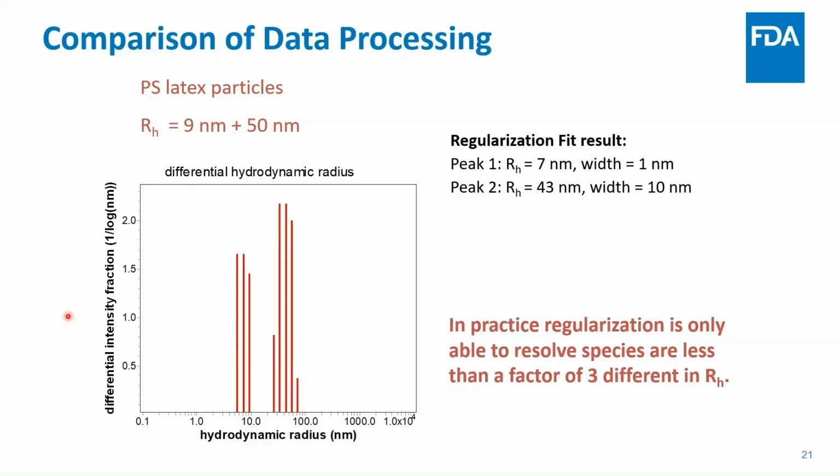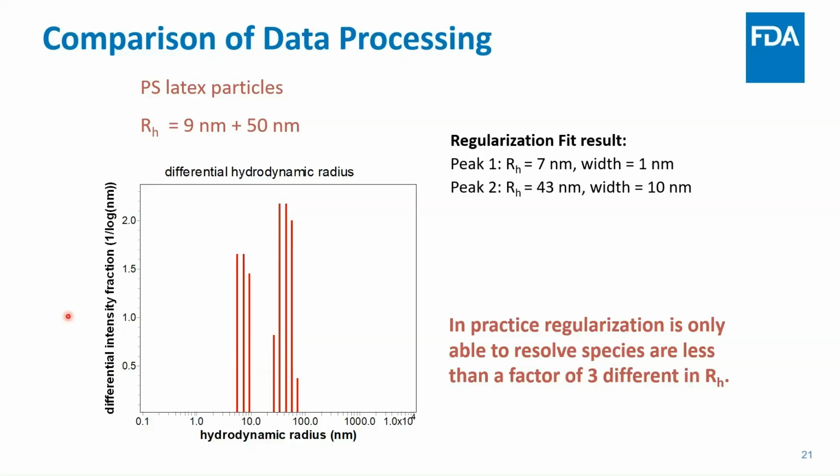In practice, DLS using the regularization can only differentiate particles that are greater than 3x different. So if you have a 20 and a 40 nanometer, it won't be able to differentiate them. This is right near the limit here where we have a 10 and a 50.